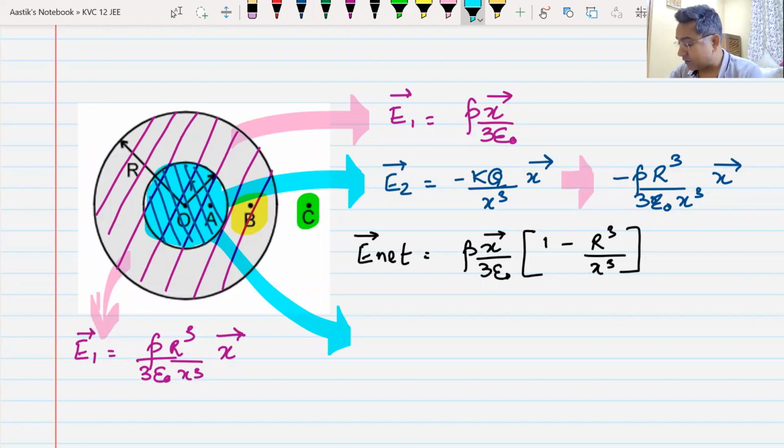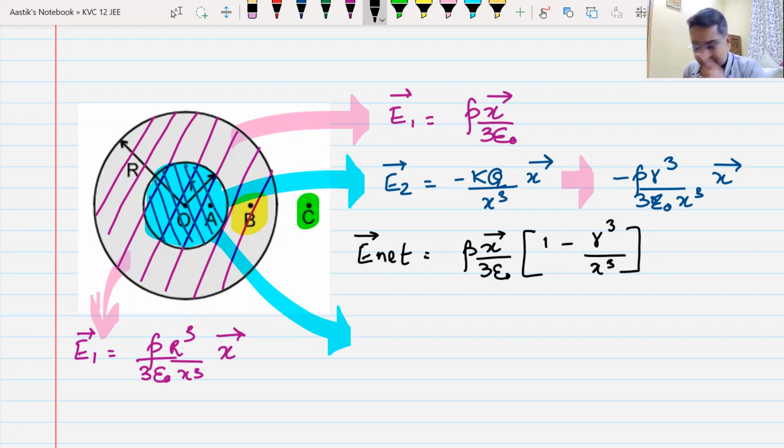I have written something wrong here. Sorry for that mistake. This should not be capital R cube. This should be small r cube because the radius of the small sphere is small r.